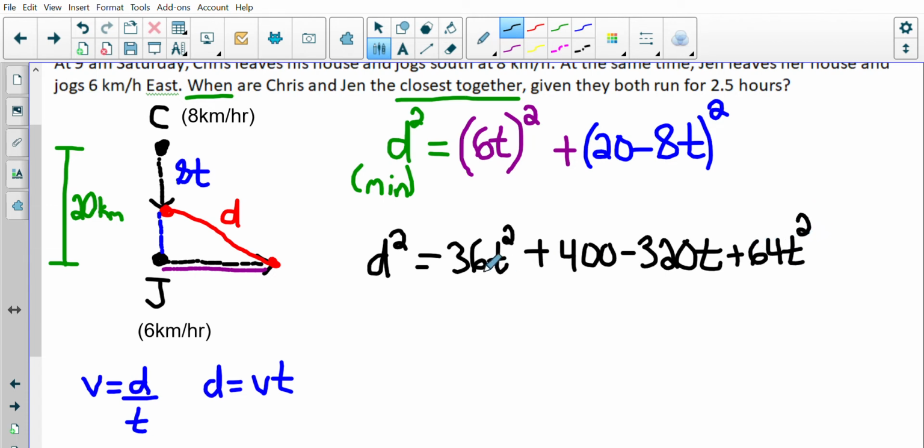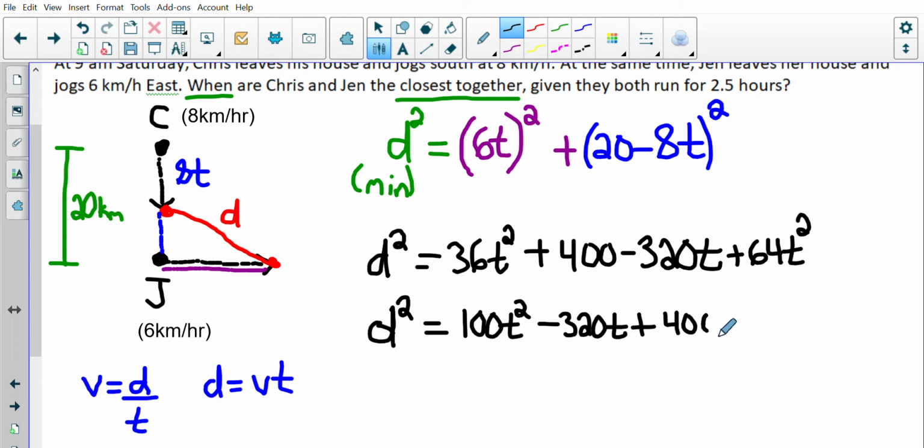All right, now I do have some like terms to put together. I can put together the t squared terms, so I've got 36t squared plus 64t squared. That's 100t squared. All right, then I'm just going to write it in order, minus 320t, and then plus 400.